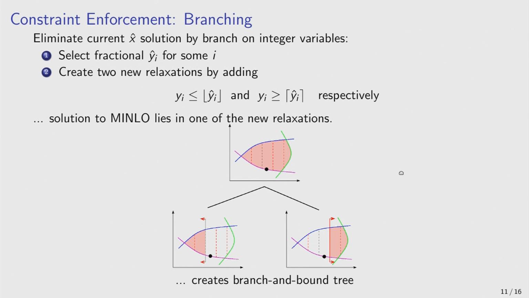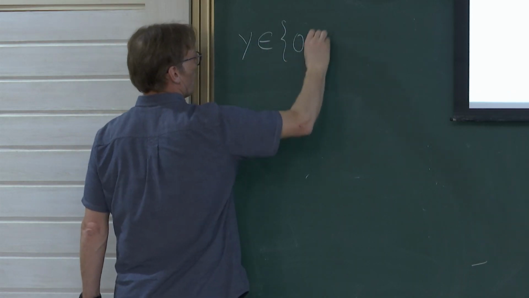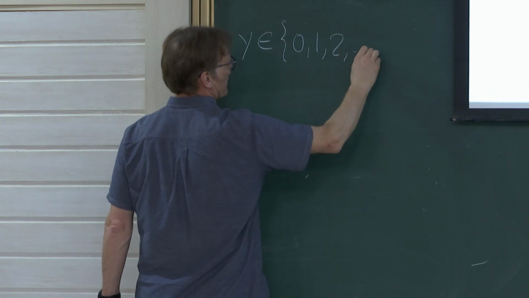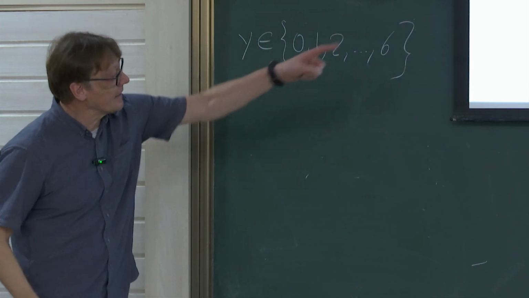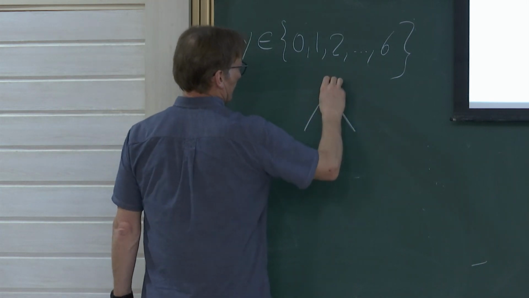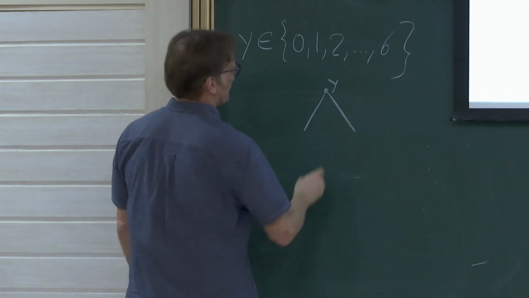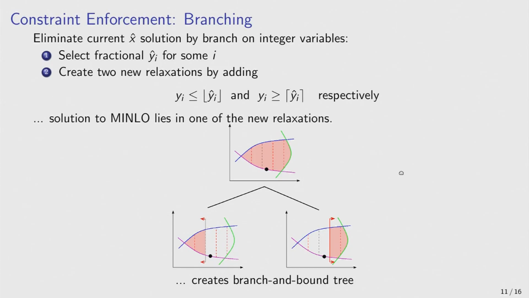So I have y in 0, 1, 2, up to 6. And here I did the branching in this example. My y hat, the initial point, was something like maybe 3.4.